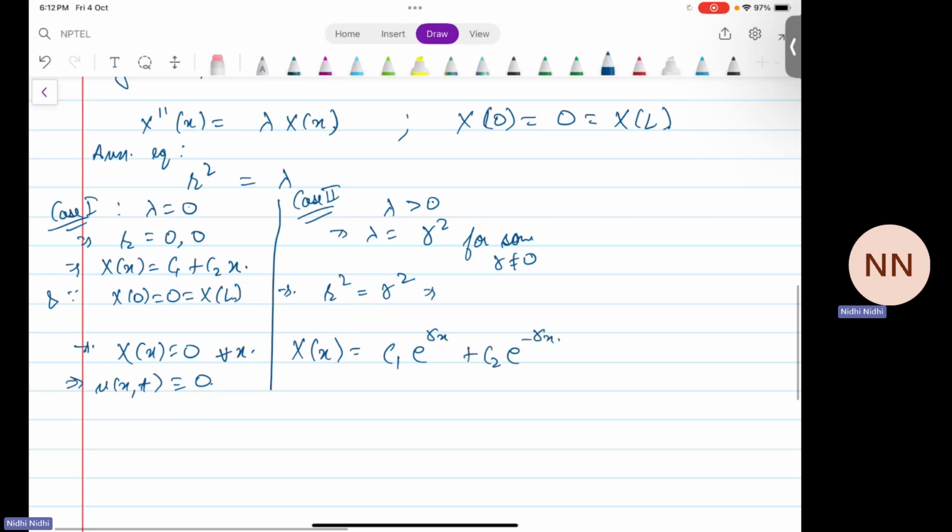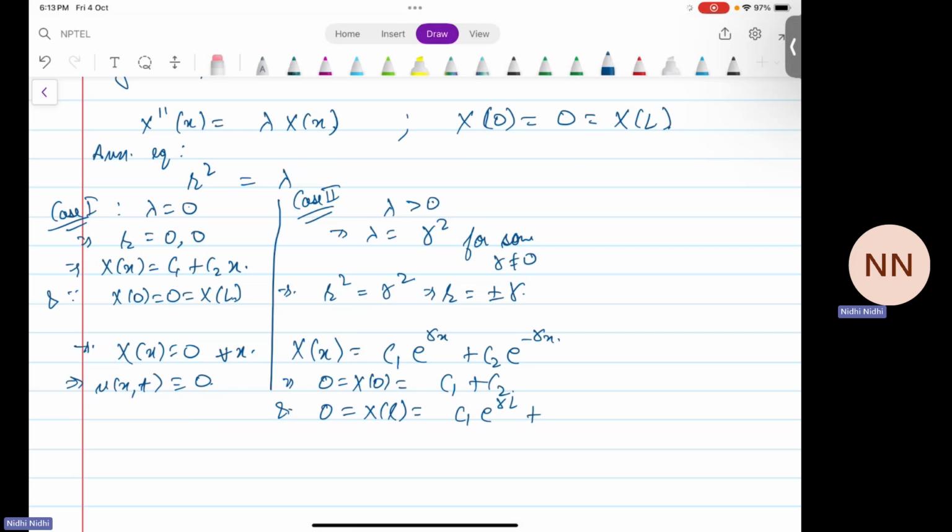Now let's look at the boundary conditions. So 0 is equal to X(0), which is c1 plus c2, and 0 is equal to X(L), which is equal to c1 e to the power gamma L plus c2 times e to the power minus gamma L.